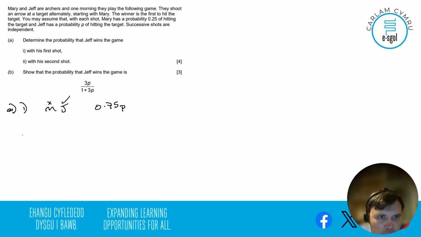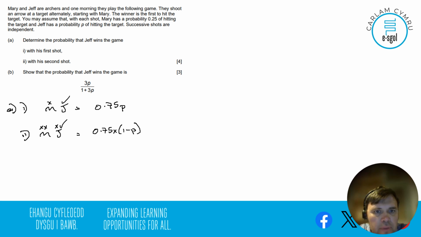Part 2, with the probability of a second throw. So Mary misses, Jeff misses, Mary misses, Jeff hits. So then that is going to be 0.75 times 1 minus p times 0.75 times p.